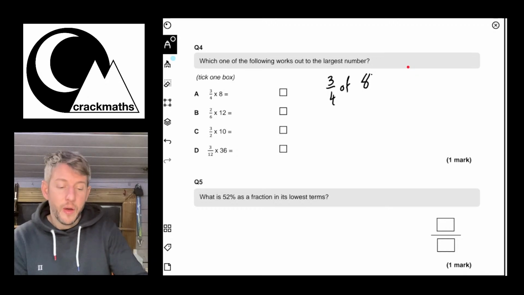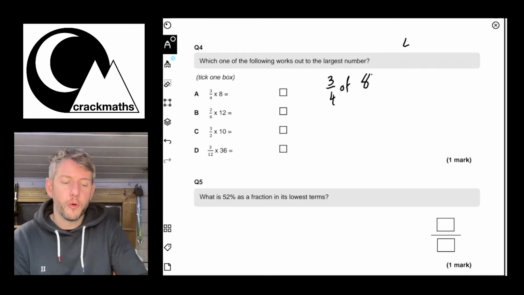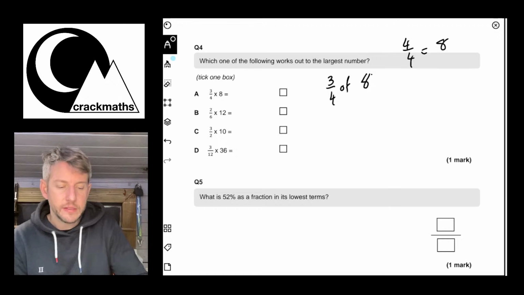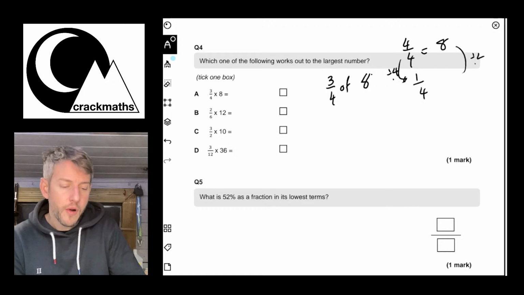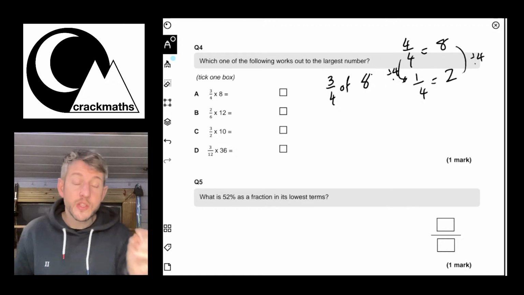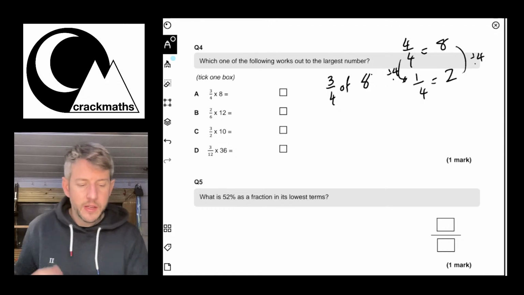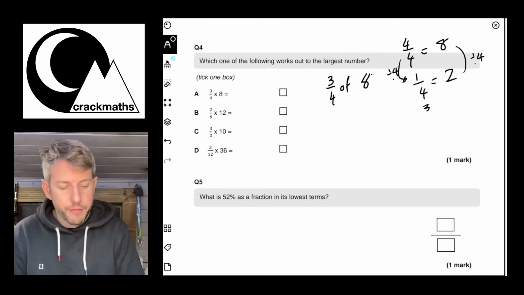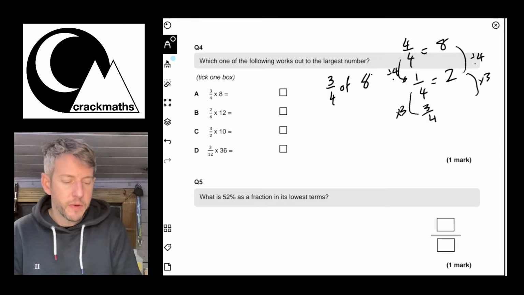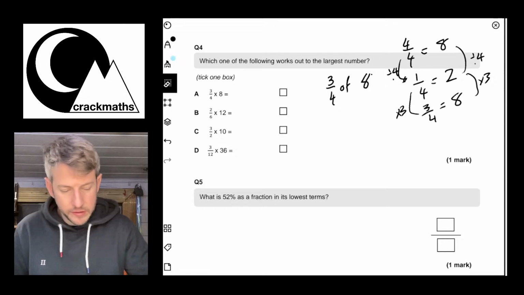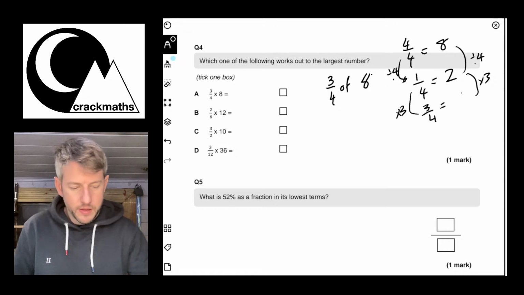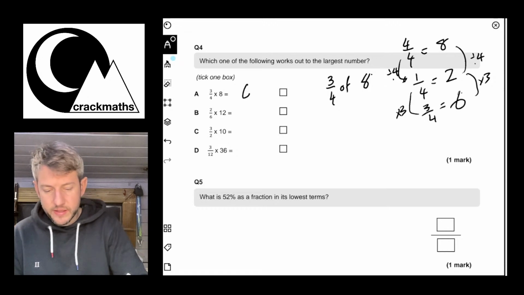So 4/4 equals 8, so 1/4 is that divided by 4. I divide this by 4, which gives me 2. So 1/4 of 8 is 2. I want 3/4, so I'm going to have to multiply this by 3. So 3/4 of 8 is not 8, it's 6. So this is 6.